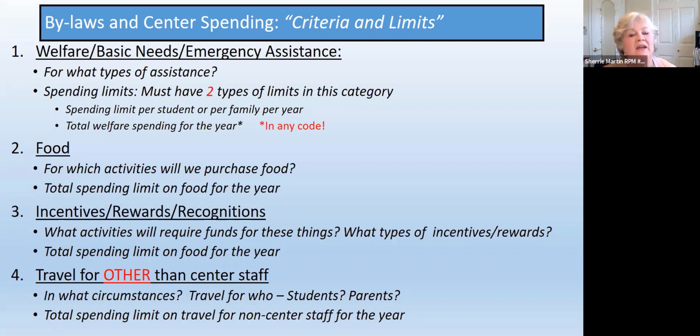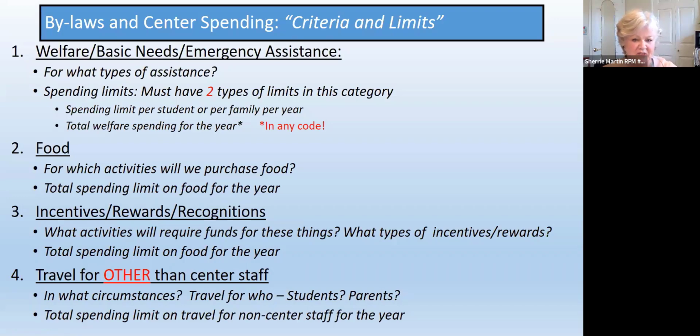If a family can't understand why you can't help them with their electric bill again, your advisory council spending limit narratives give you some backup on that, because you will have in there some criteria and limits on spending in that area. And you can say, I can't do this because my bylaws say, etc., etc.